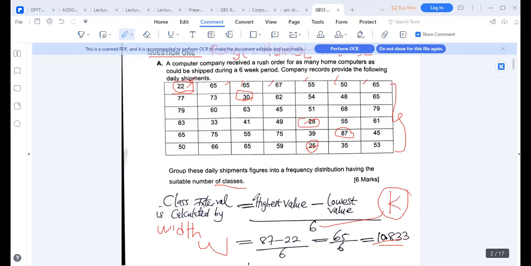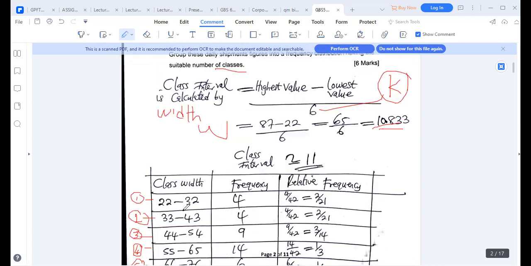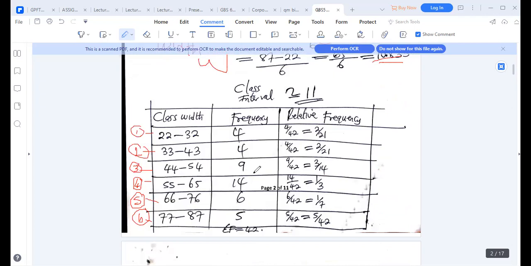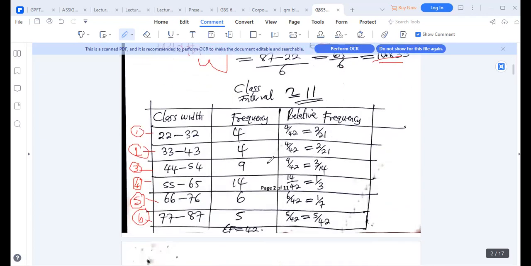So confirming this, counting them using the data here, we found 9. Then 55 to 65, counting them physically, we found there were 14. Then 66 to 76, we found there were 6. 77 to 87, there were 5.